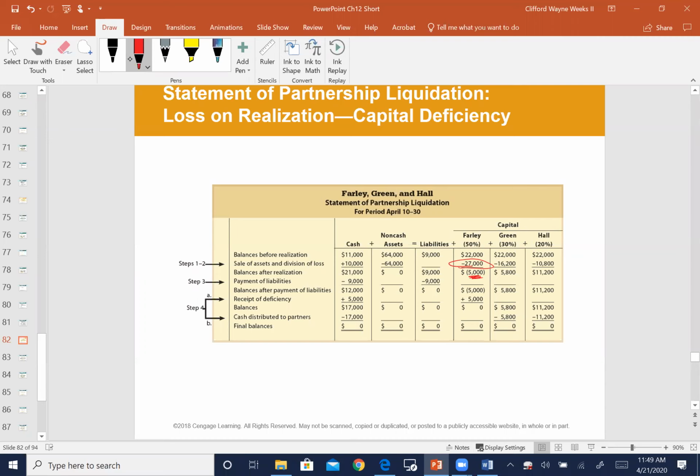Now, if Farley is a good guy, and this is what happened in this scenario, then he's going to say, hey, because Green and Hall have claims on the assets of $17,000. However, there's only $12,000 there.